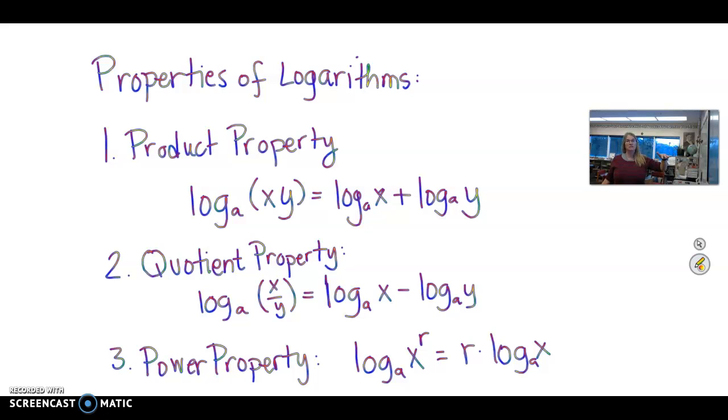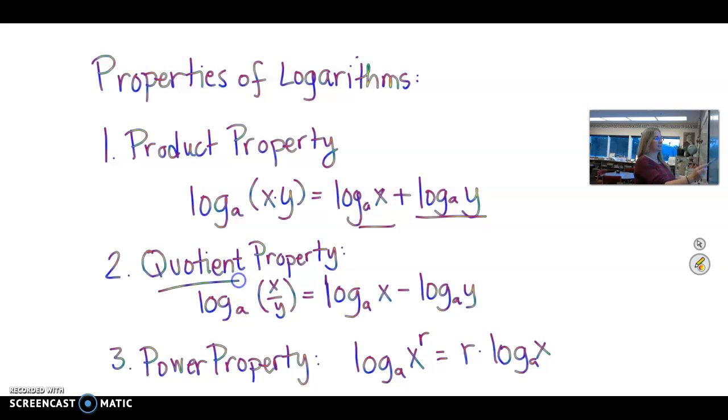So you're going to need to recall your properties of logarithms for this next part that we're going to cover. You have your product property, which says if you have a product, log base a of x times y, you can write that as the sum of two logarithms, log base a of x plus log base a of y. So that's the product property.